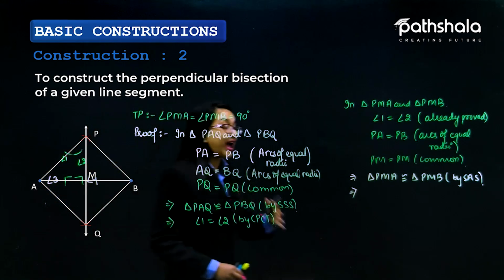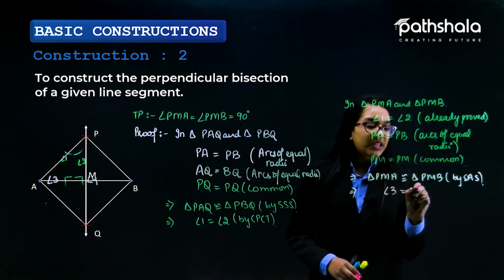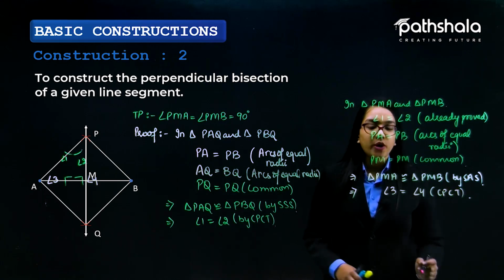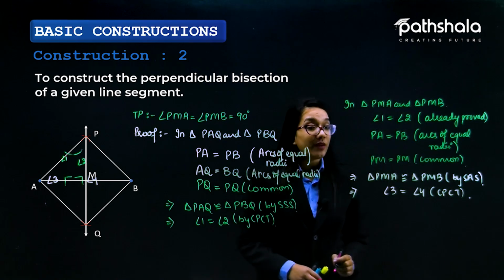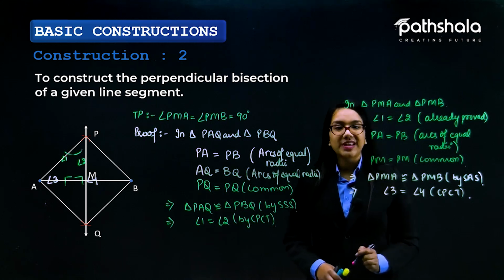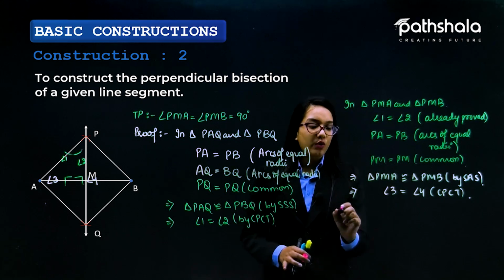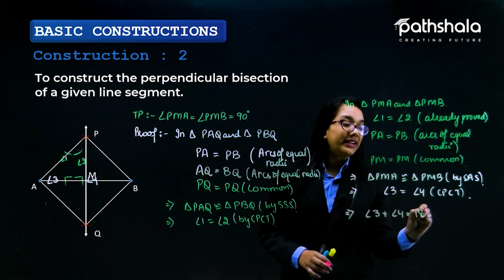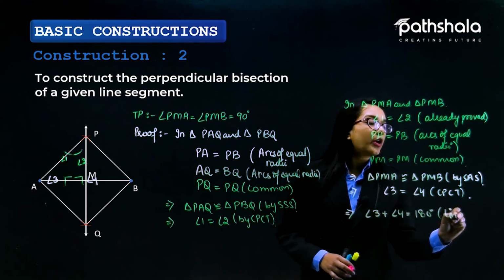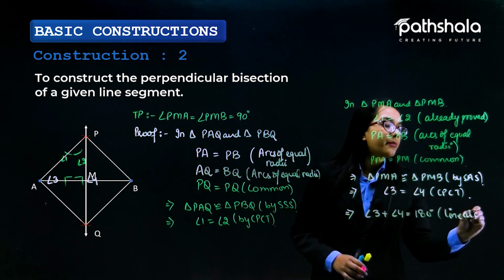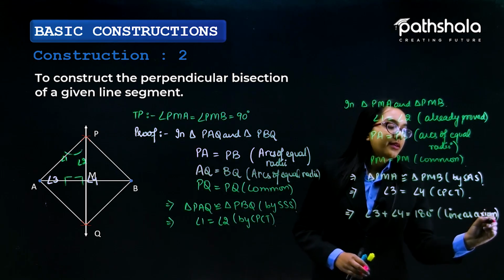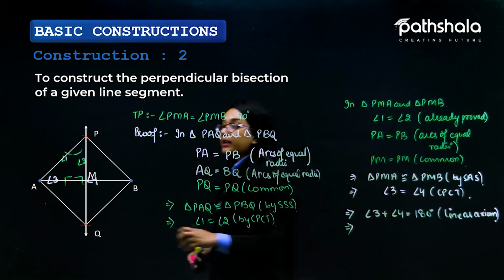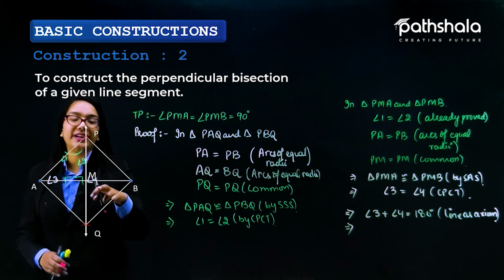This implies that angle 3 should be equal to angle 4 by CPCT, the corresponding parts of congruent triangles should be equal to each other. But again, we know that angle 3 plus angle 4 is equal to 180 degrees. Why so? Because of the linear pair axiom, they are lying on the same straight line, which means their sum should be equal to 180 degrees.